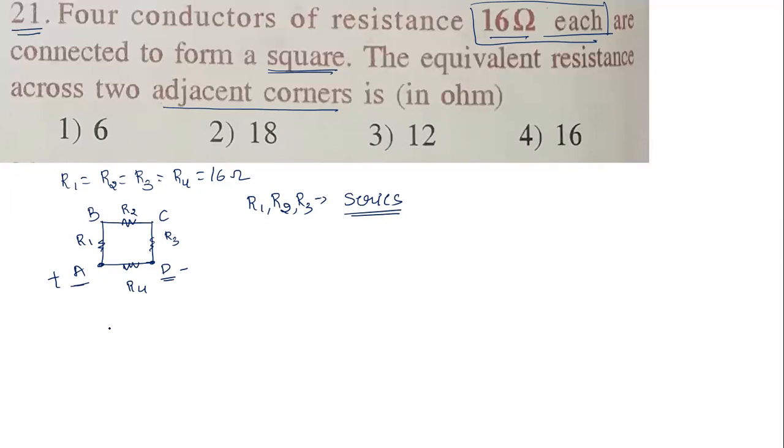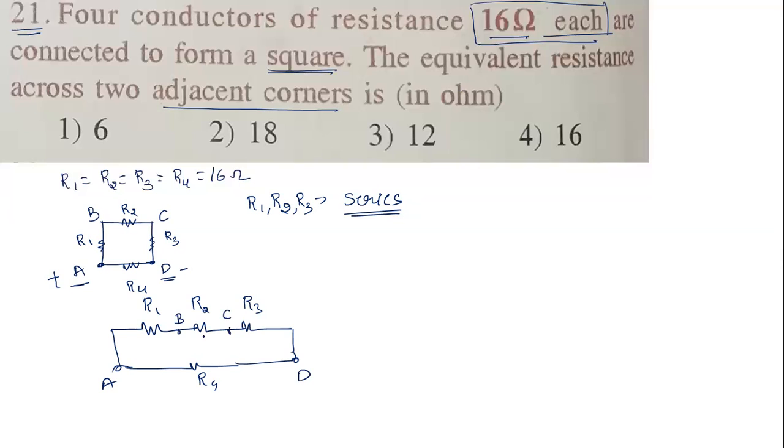If I redraw this diagram, it will be like this. This is R1, this is R2, this is R3, this is R4, with point A here and point B there.